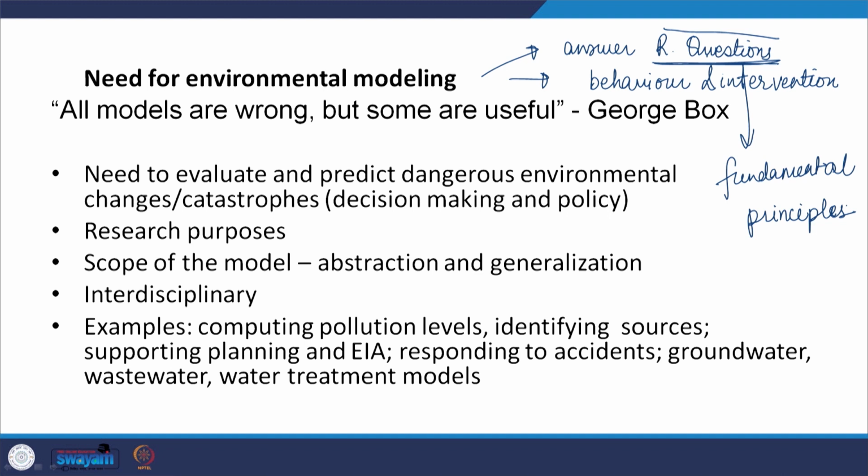Sometimes we can gather data from the environment, but we still don't understand the principles behind the data that we have gathered. So that is where we use empirical formula. But once we understand the theory, we can use our understanding of our theory to predict the impact of human interventions and human behavior. This is where the second aspect of utility of environmental models comes in, which is understanding the impact of human activities.